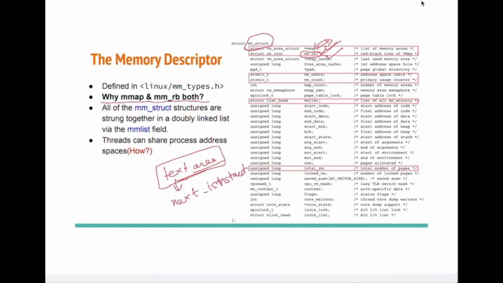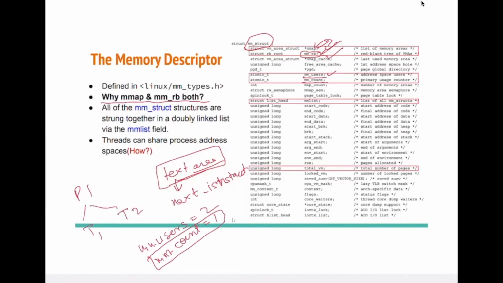And here we have two other important properties. This is mm_users. If the memory is shared between different threads, say we have process 1 and it has two threads, T1 and T2, then mm_users here will be 2, and mm_count is equal to 1, because this count is incremented by only one process.